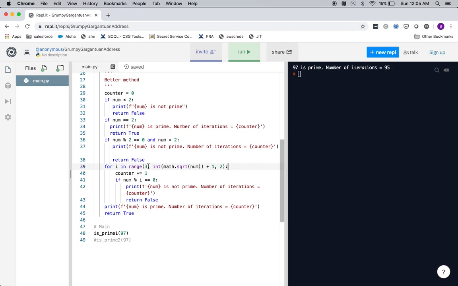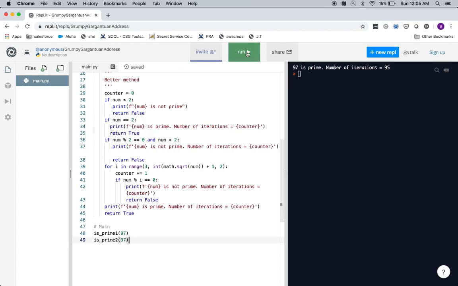So we only do 3, 5, 7, and 9, and then we check all those numbers, and then we say whether it's prime or not, right? So this time I am going to run both. I'm going to call both the functions, and I'm going to be checking the same number, 97, right?